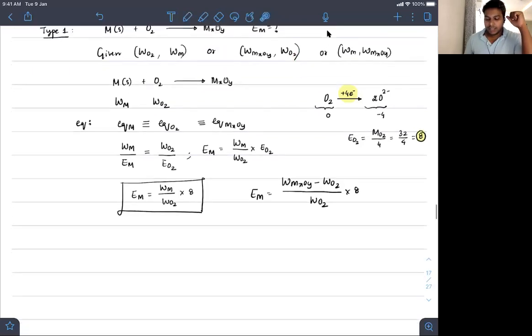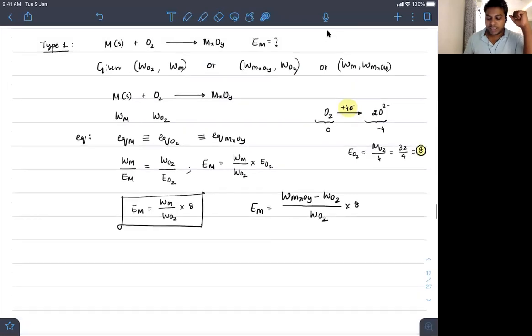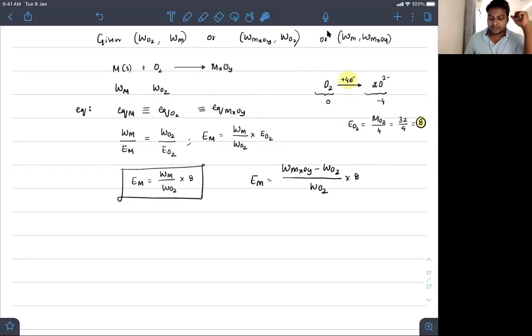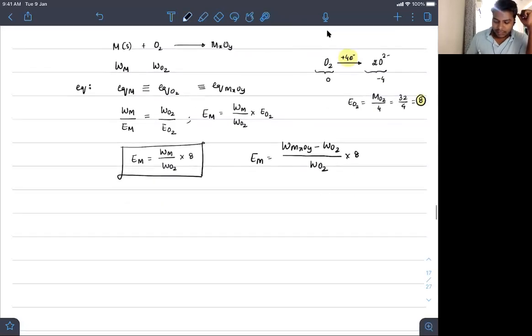Now imagine suppose this information is given directly, I might use it directly also. That is, I can write weight of metal oxide divided by equivalent weight of metal oxide is equal to weight of oxygen divided by equivalent weight of oxygen.